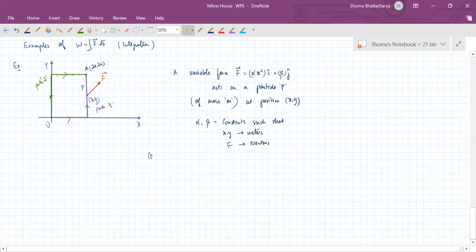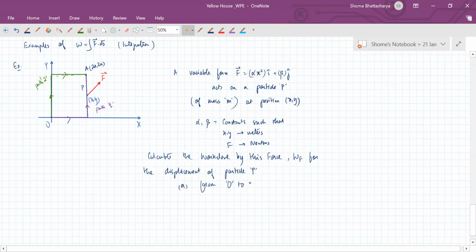So we have to calculate the work done by this force for the displacement of the particle P from the origin to the point A, which has coordinates 2a comma 3a, by path 1.